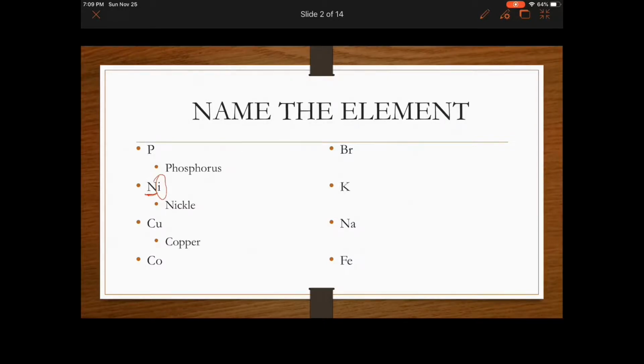This stands for copper. If you notice, there is no U in the copper name right there. That is because these symbols come from the Latin name. And we don't use these typically much anymore.